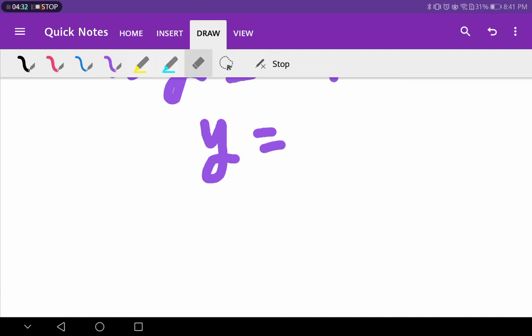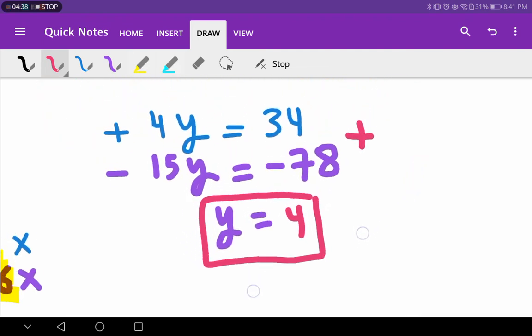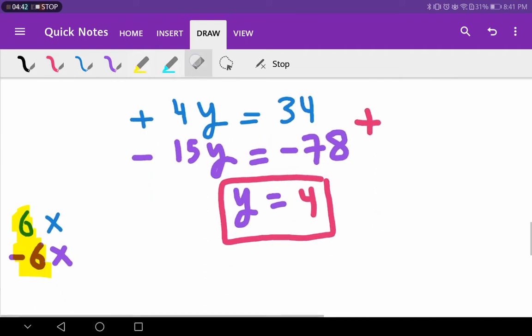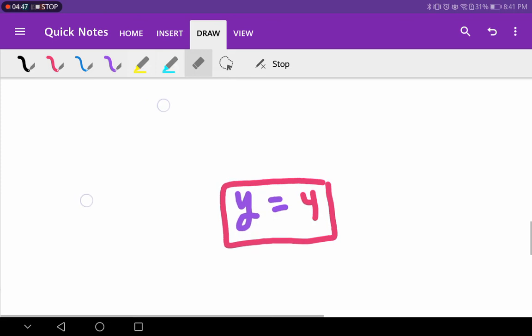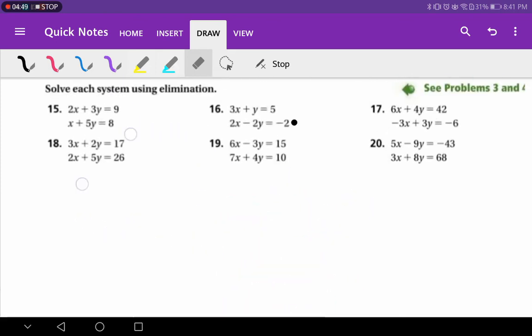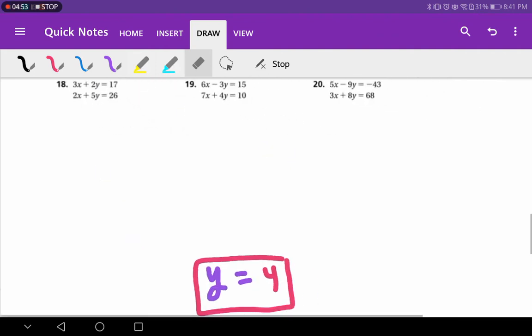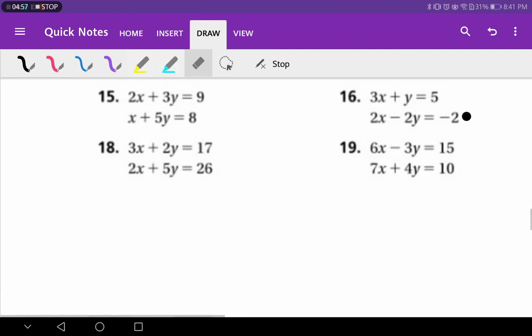Yes, it is 4. So this is the first value, y equals 4. Now let us find out the second value. We go back to the original equation, which is here. I choose any one and put the value of y in it, or plug the y in.